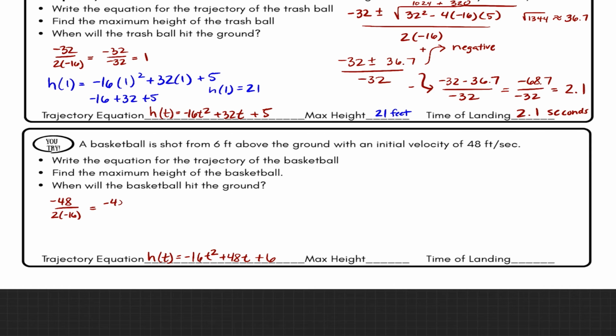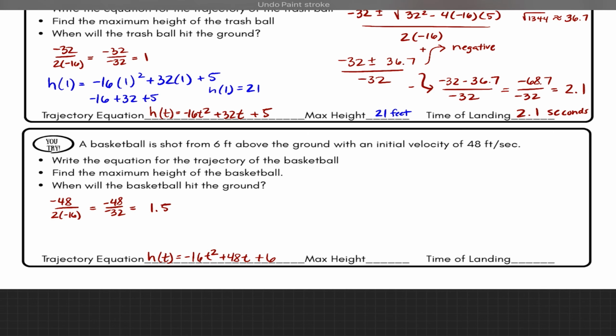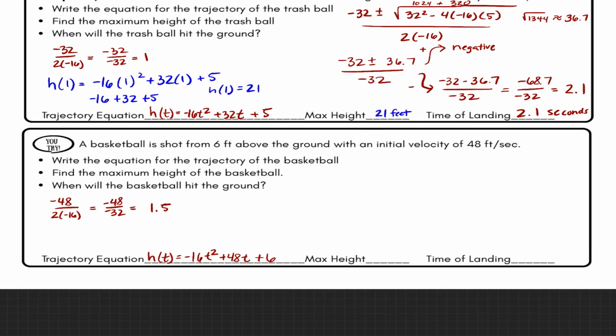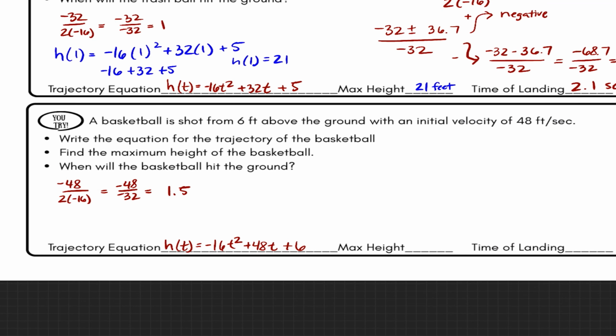So we get negative 48 over negative 32, and 48 divided by 32 is 1.5. So this again is not our maximum height, it is our time to the max height, right? So we're going to take that 1.5 and plug it in. So we get h of 1.5 equals negative 16 times 1.5 squared plus 48 times 1.5 plus 6.